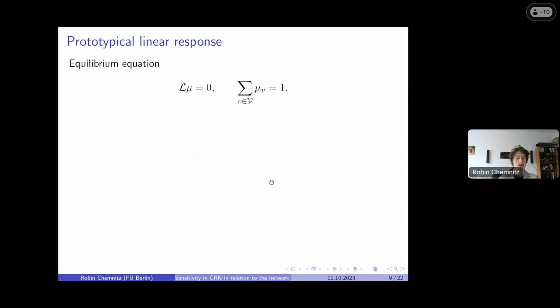And that is that we can make some observation about this equilibrium equation. Because actually these are not two conditions, this is just one condition. On the left-hand side we have a linear system with n equations, where n is the number of vertices. And on the right side, we also have another linear constraint on mu.